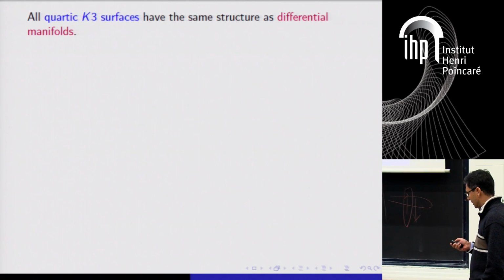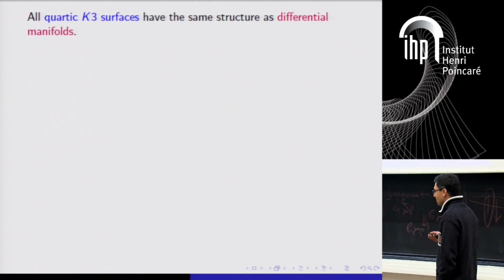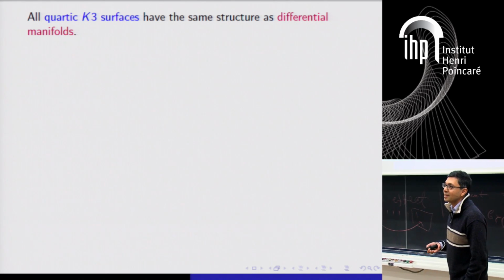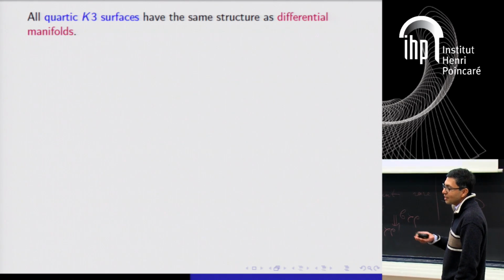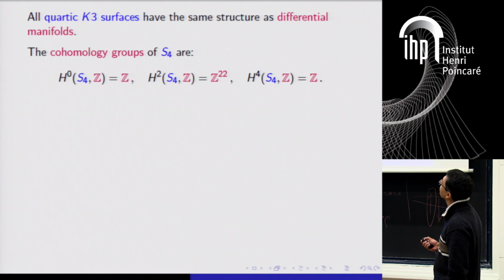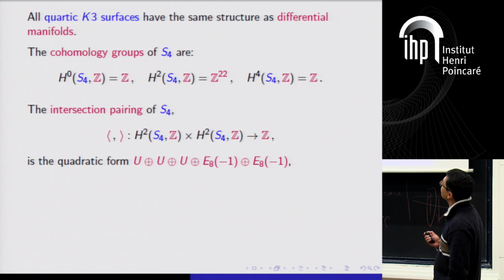So now I tell you some things about this surface. I explained one of them, which is this quartic K3, and it's a very simple equation, but underlying that equation is a lot of interesting geometry. It turns out the cohomology groups of these, which somehow measure the holes, are in degrees 0, 2, and 4, and they are Z, Z to the 22, and Z. The Euler characteristic is 24. And there's an intersection pairing.